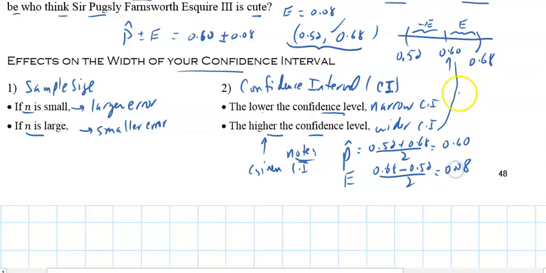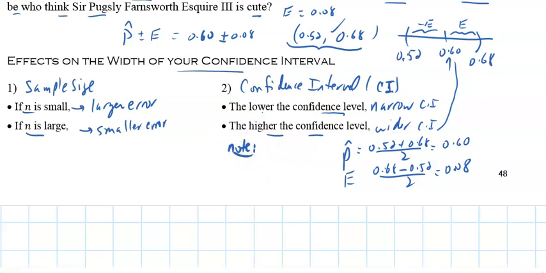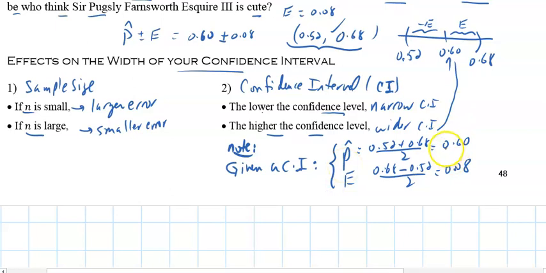That's the error. Oh boy, I'll get it right, third time will be a charm. Given a confidence interval, if you add the endpoints and divide by 2, you'll get the proportion. And if you subtract the endpoints and divide by 2, you'll get the error.